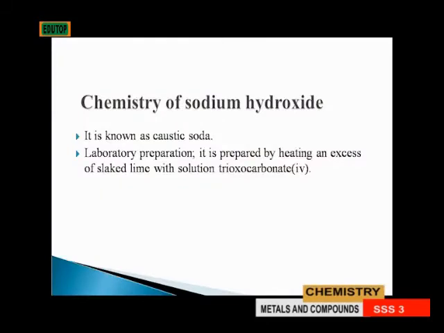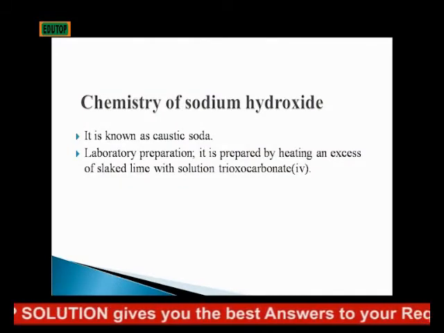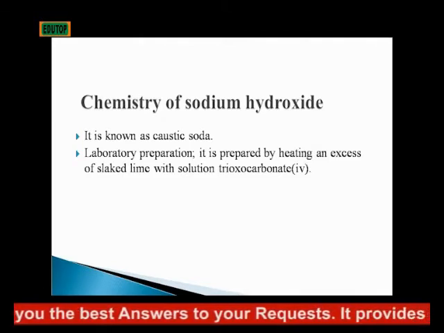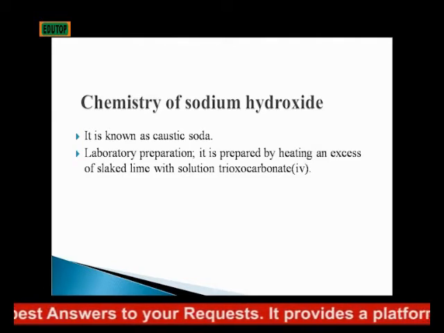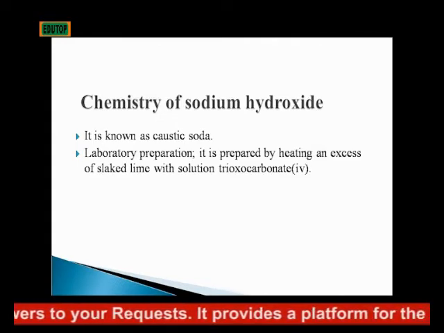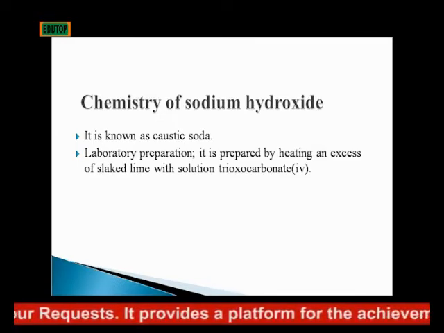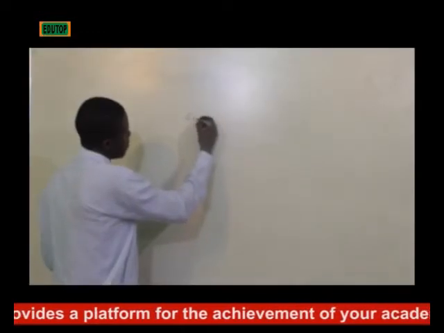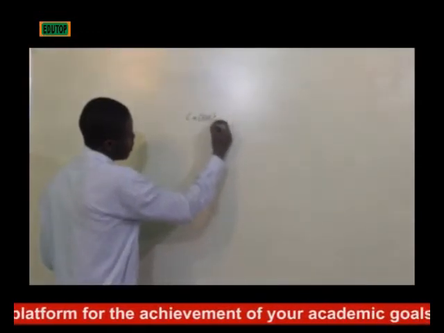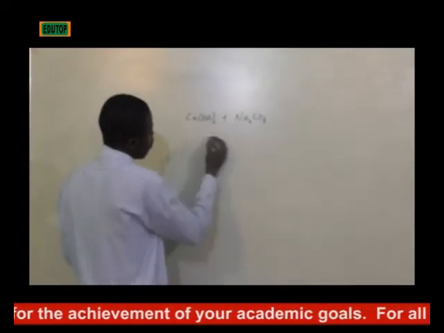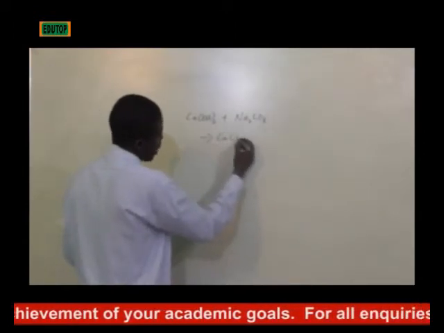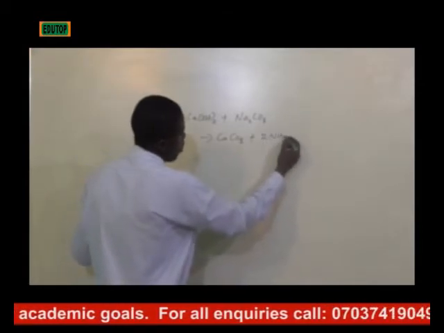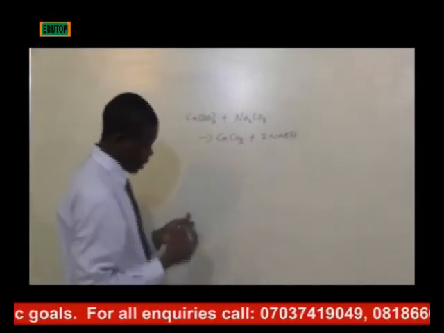Chemistry of sodium hydroxide. It is known as caustic soda. Laboratory preparation. It is prepared by heating an excess slaked lime with a solution of sodium trioxocarbonate(IV), producing calcium trioxocarbonate(IV) and sodium hydroxide.